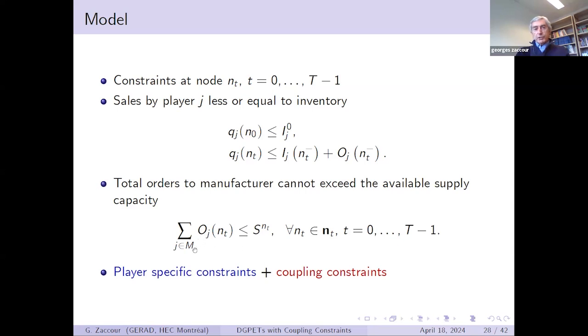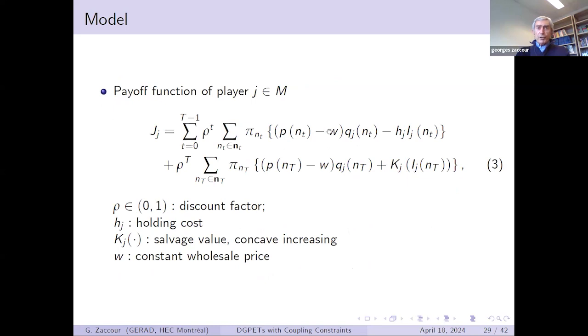Now, of course, player J may want to get the whole supply that is available at the manufacturer depot, but this player has to take into account the fact that other retailers are also interested in fulfilling their orders. So the payoff function of player J is the price minus the wholesale price multiplied by the quantity, minus the holding cost of the inventory, all this at node NT multiplied by the probability of being at this node, summing over all nodes, discounting at discount factor rho.